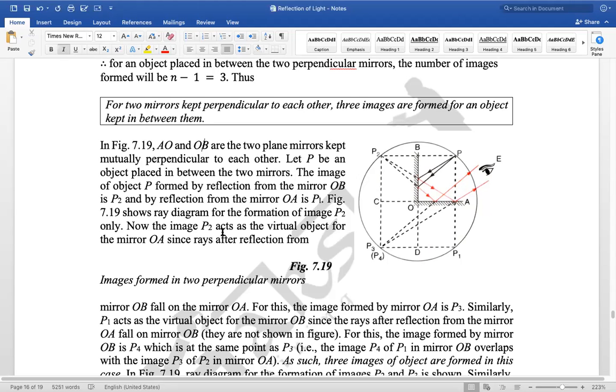The image of the object P formed by reflection from the mirror OB is P2 and by reflection from mirror OA is P1. Figure 7.19 shows the ray diagram for the formation of image P2. Now the image P2 acts as a virtual object for the mirror OA since rays after reflection from mirror OB fall on the mirror OA.